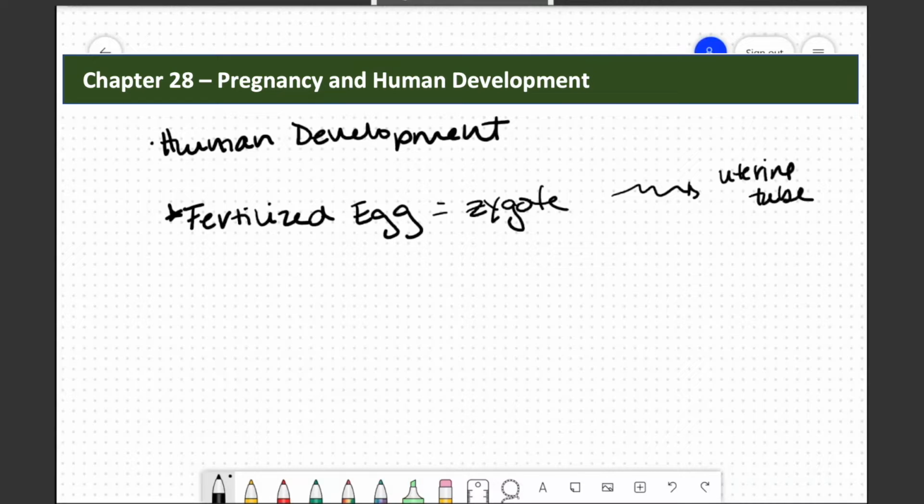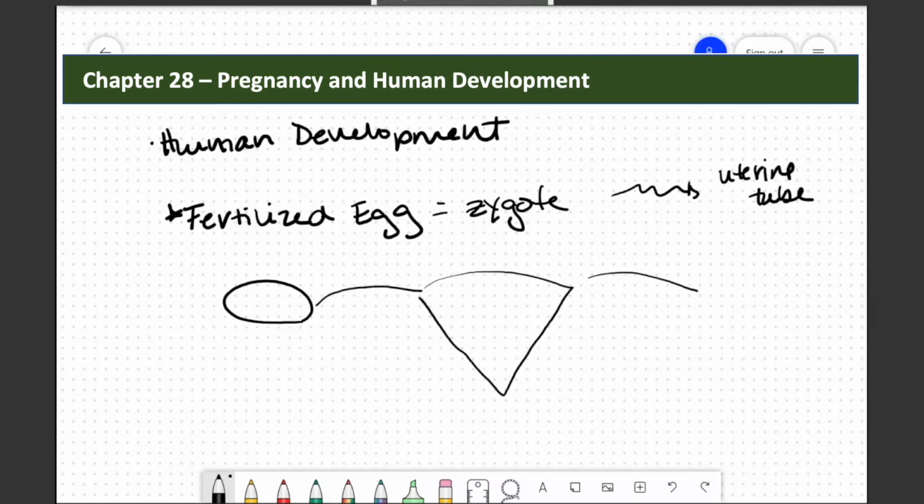When the egg is released from the ovary, here is our ovary right here, the egg is going to be released from our vesicular follicle, and it will travel down the fallopian tube. Keep in mind this is a tube.